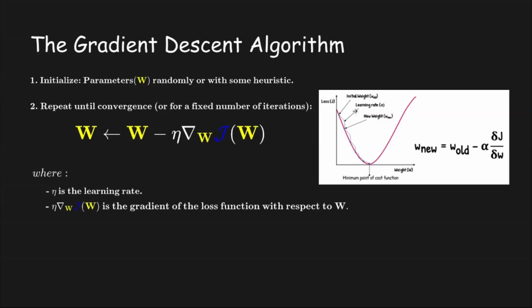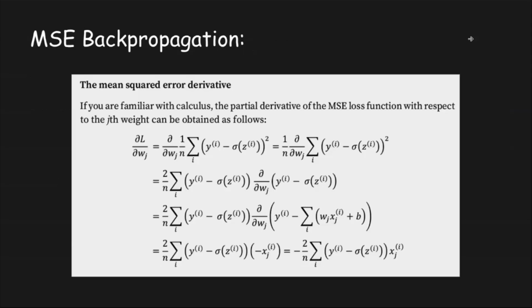Now this thing, repeating this loop iteratively by finding the gradients of the loss function with respect to different parameters and updating the weights accordingly, is called backpropagation. Now let's explore this and relate it with the chain rule in the next slide.